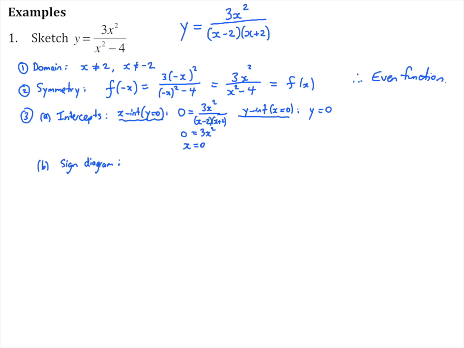What we want to do is put special values on our table. Now the special values are going to be, let's have a look. I'm going to put them around, let's go x, y, and the sign.